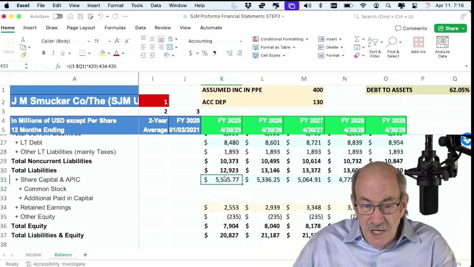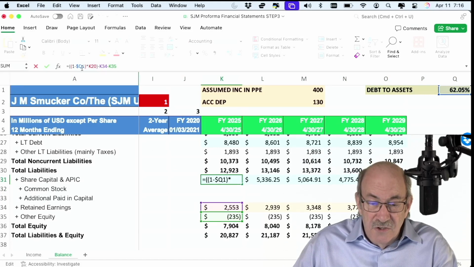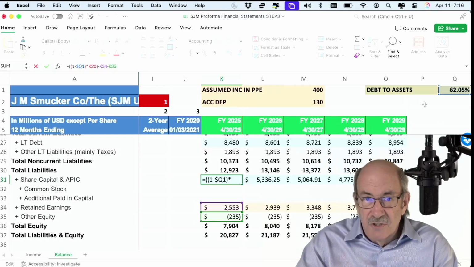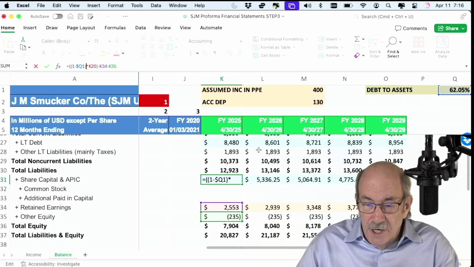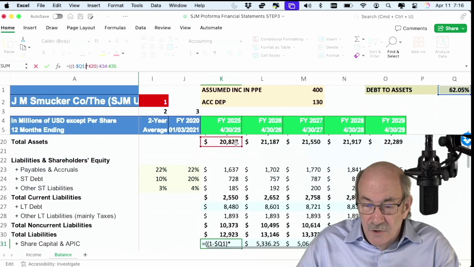But what you'll see is that for share capital and APIC, I'm going to take 1 minus Q1, so 1 minus 62.05, which is 37.95, times K20. Again, K20 is my total assets for the year.